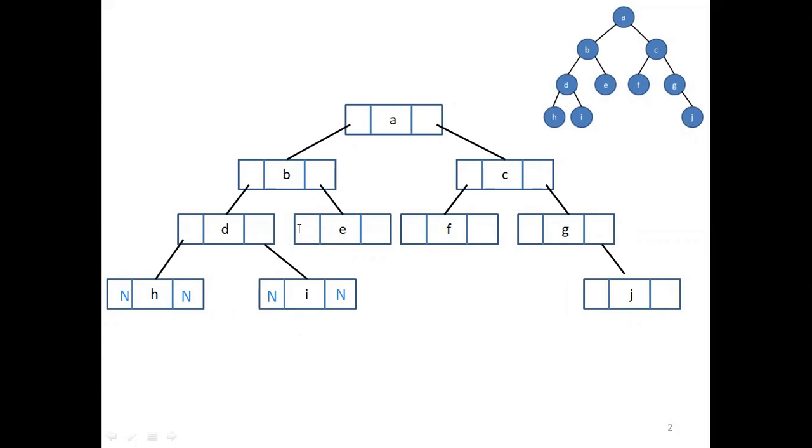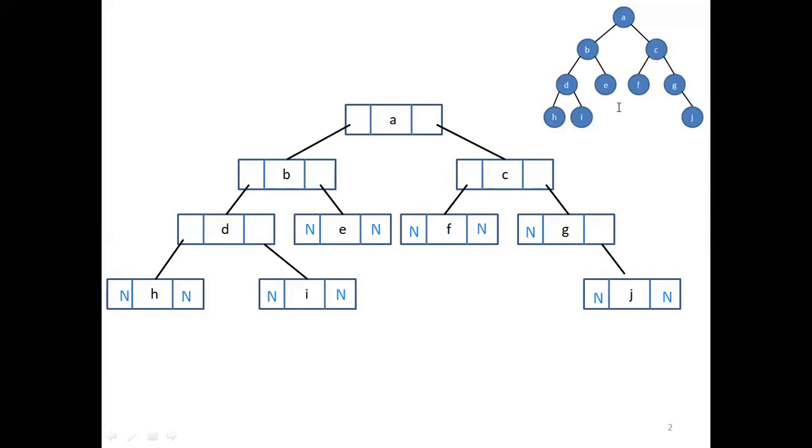For node E also, it doesn't have any further nodes attached to it, so its left and right pointer fields will be storing the value null. Null means it is not holding any memory address. Similarly for this one, it has one right child but no left child. That's why the left child pointer field is holding null. For J, it doesn't have any further left or right child, so both the links will hold a null value. So this is how it is given.